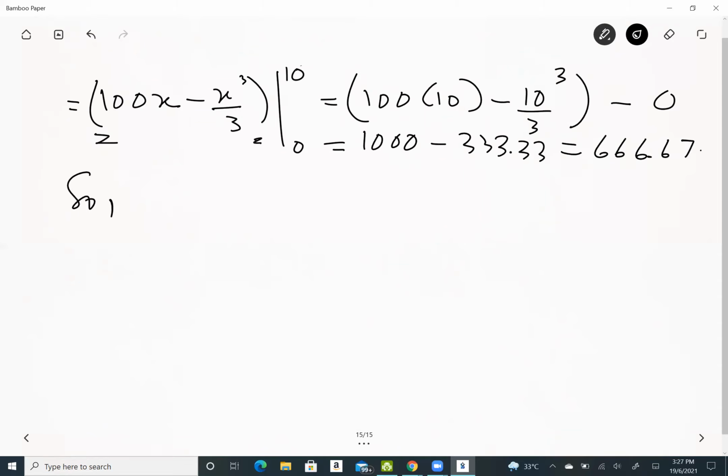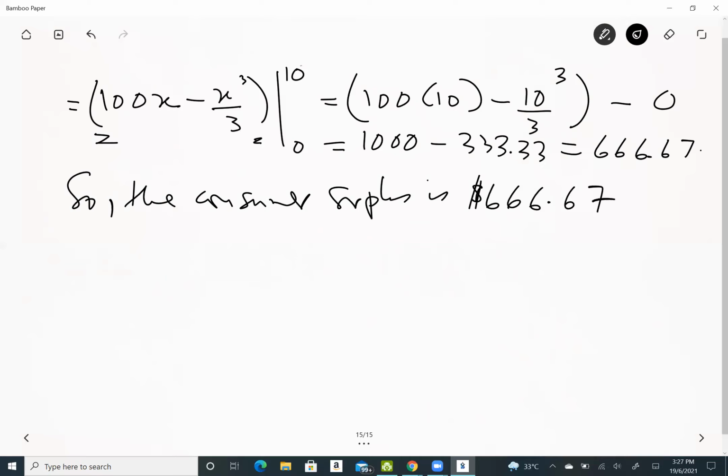So the consumer surplus is equal to 666.67, you can use the dollar unit, or you don't put the dollar unit. So that is consumer surplus.